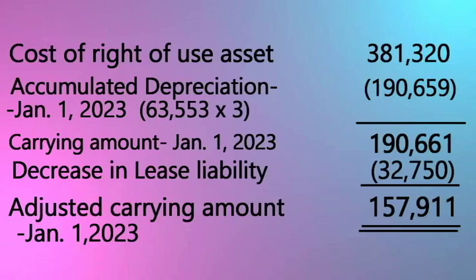Tapos, ilaless natin ng accumulated depreciation as of January 1, 2023, which is computed as 381,320 PV of lease payment as of January 1, 2020 divided by the lease term, which is 6 years, times 3 years, which is 2020 to 2022. Bakit 3 years? Kasi ito yung years bago tayo magkaroon ng amendment, which is equal to 190,659.